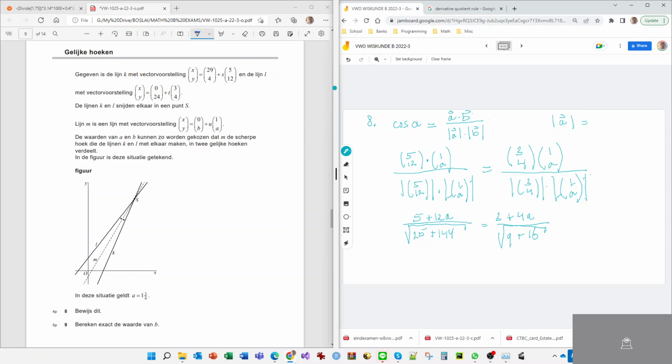I just forgot the square root, so this is 5 plus 12a over 13 equals 3 plus 4a divided by 5.